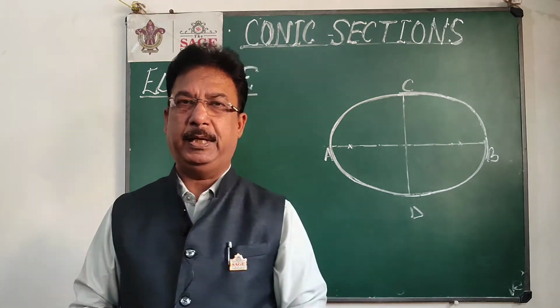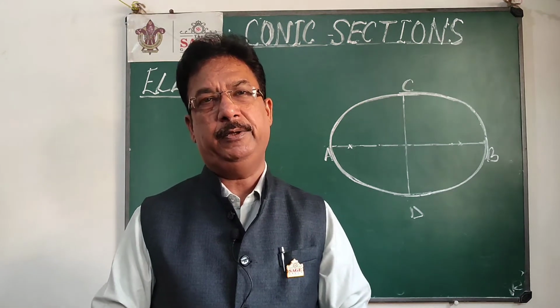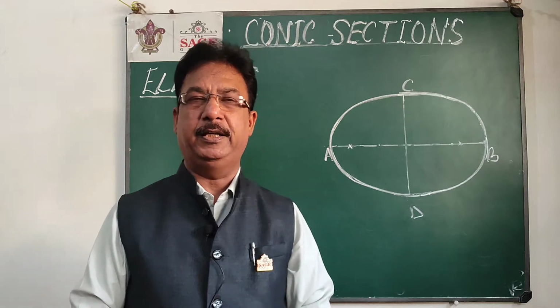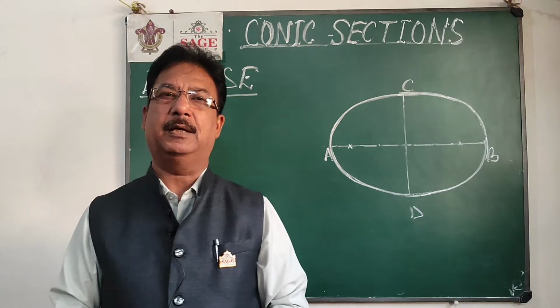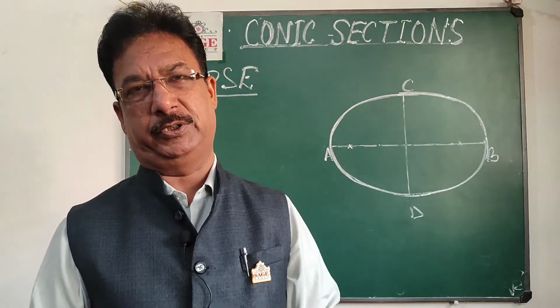So the definition will be like this: an ellipse can be defined as the locus of a point moving in a plane in such a way that the sum of its distance from two fixed points remains the same or constant.